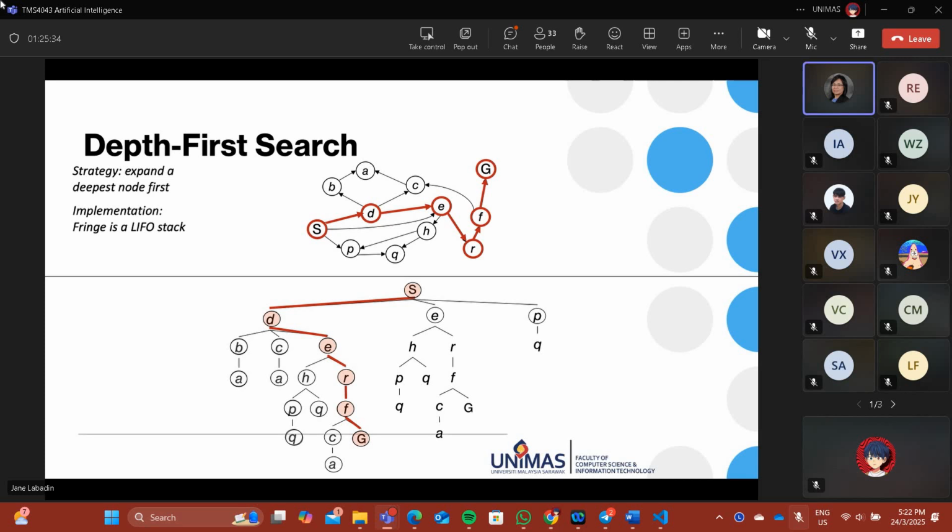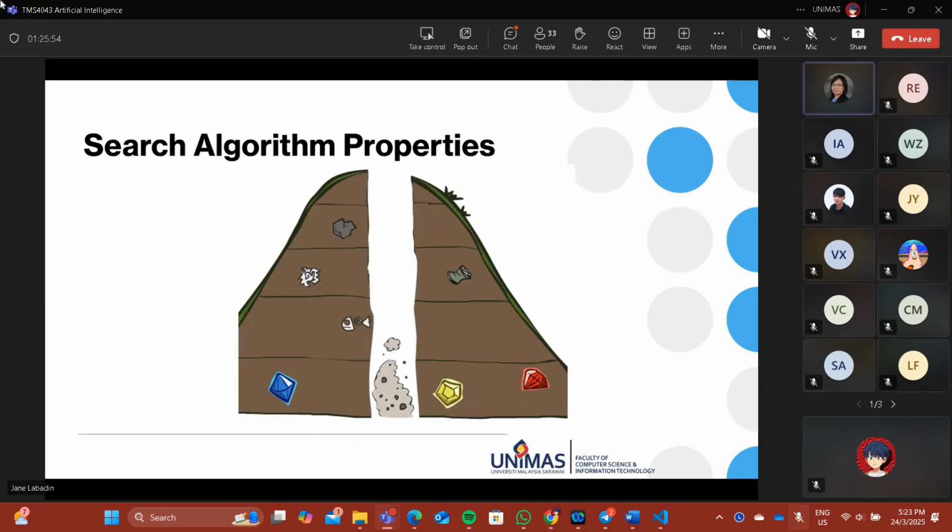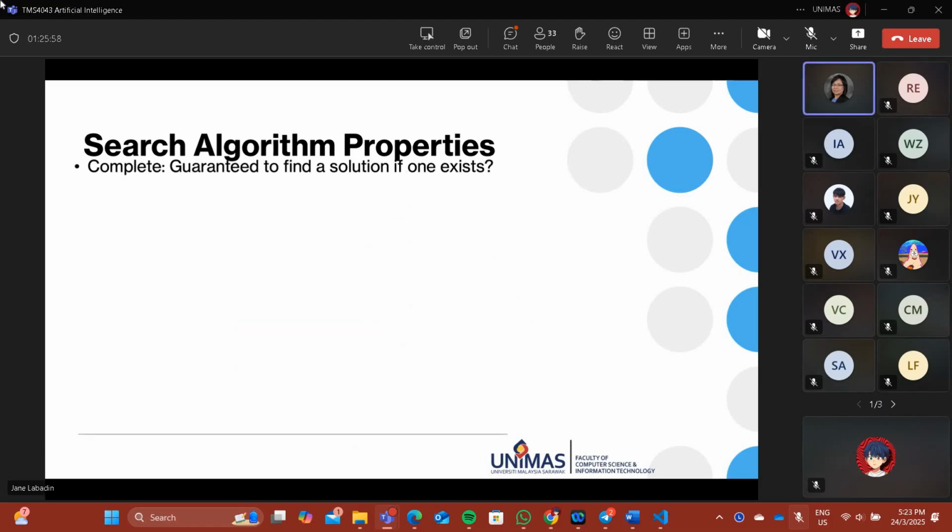It will take long if the branch is heavy on that side. If it is too deep there, then you will have to be digging deeply down. So there are properties that you notice.